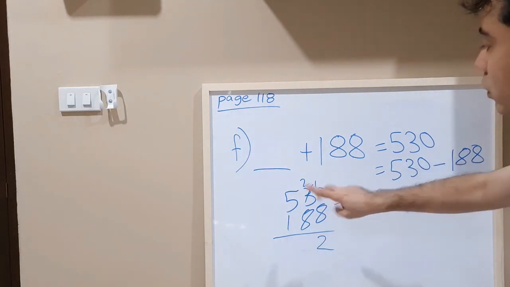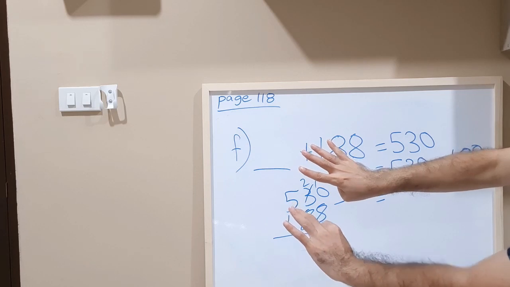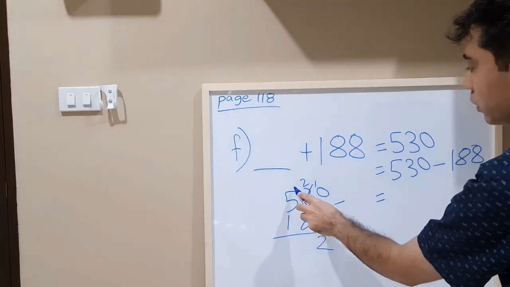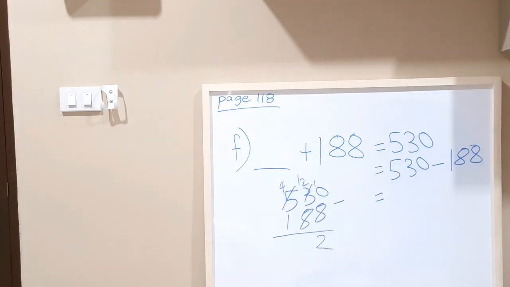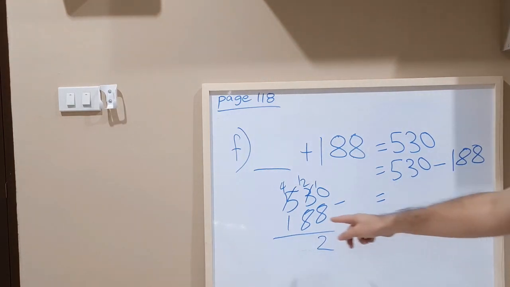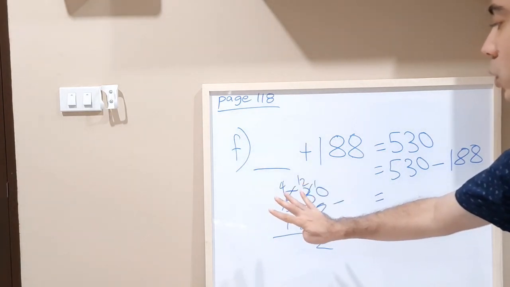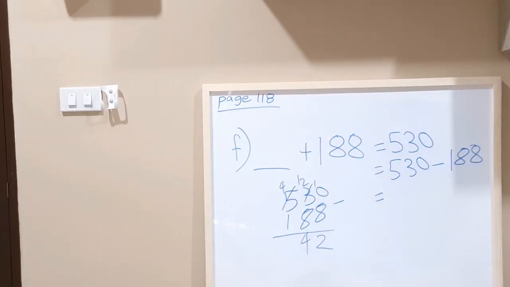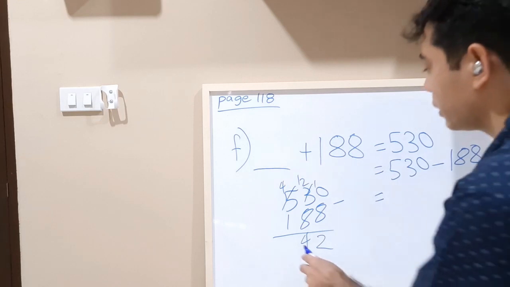And then 2 take away 8 cannot be. So we need to borrow from 5. 5 will become 4 and 2 will become 12. So put 8 in your mind and count: 8, 9, 10, 11, 12. 4. And 4 take away 1, it's 3.